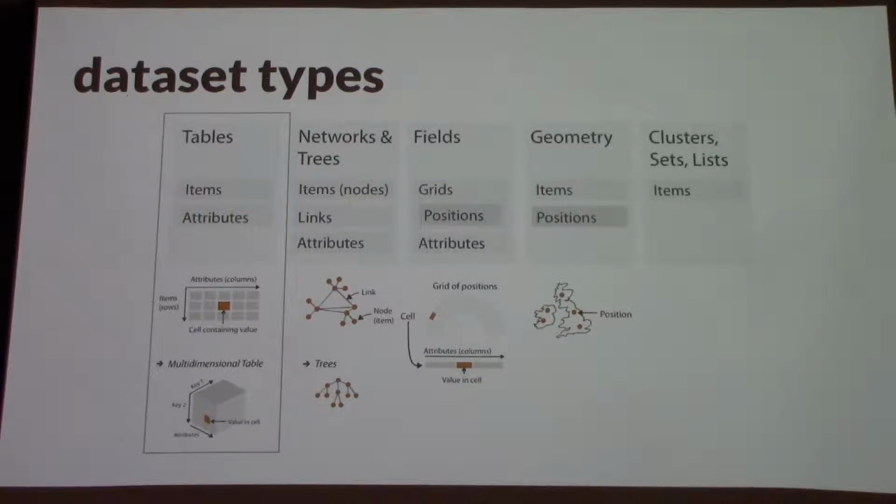When we talk about tables, think back to when we classified the data types, and this is a figure from the book. Today we're talking about tables, and the next time I'm actually giving a lecture myself, we'll be talking about networks and trees. Then Aaron will continue talking about fields, but today it's about tables.